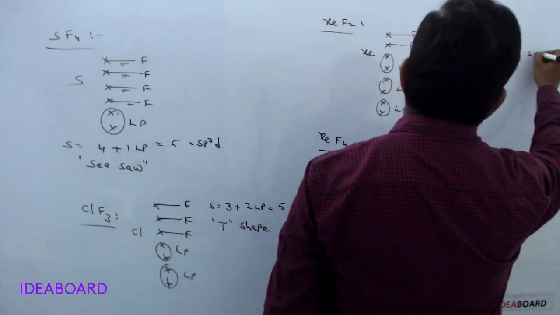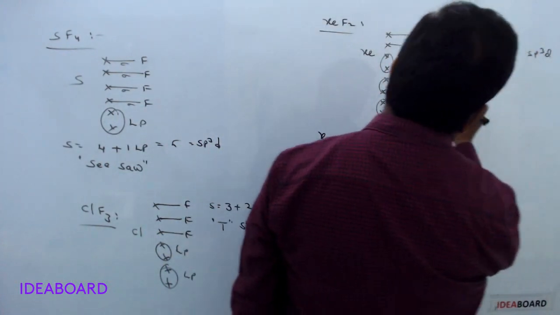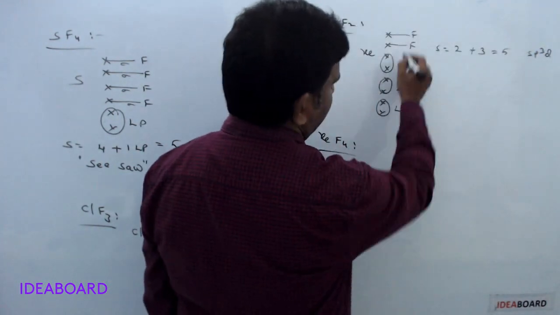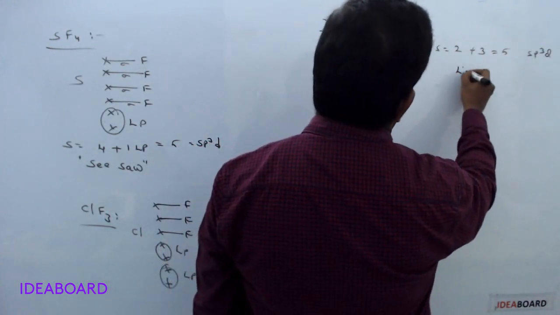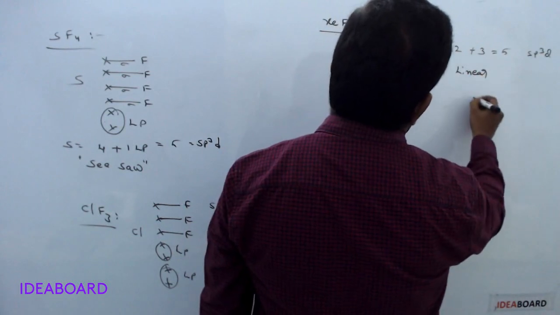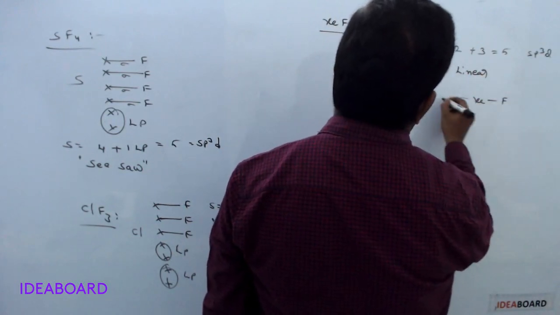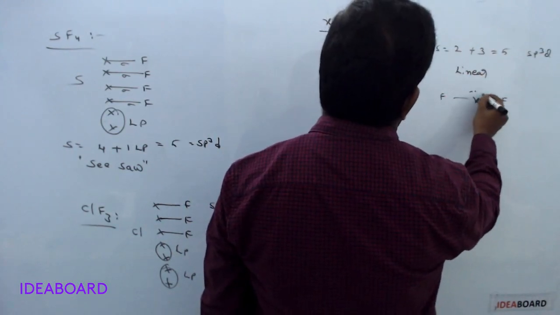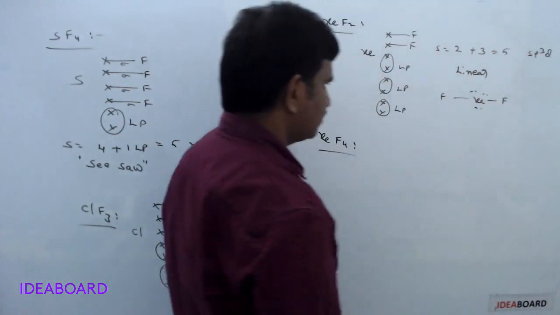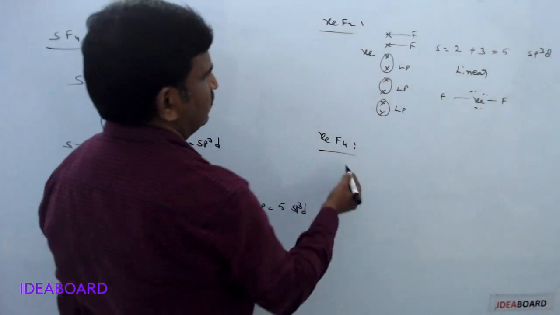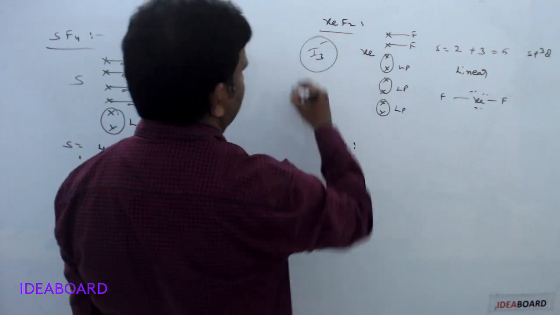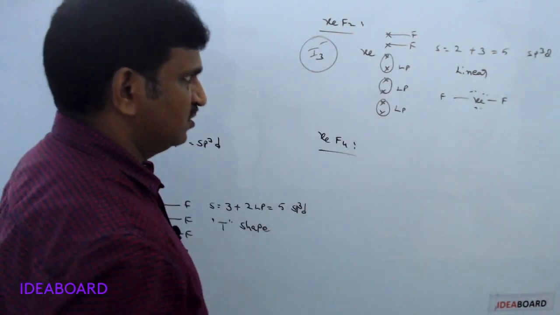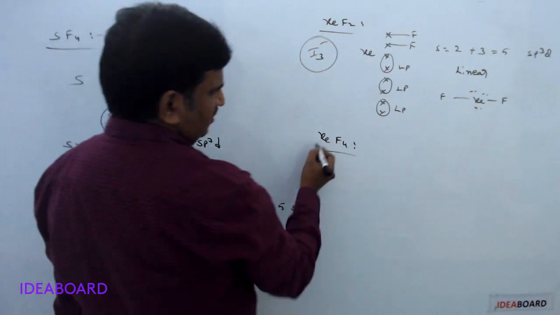So what is the hybridization we are getting? sp3d. But because of 3 lone pairs and 2 bond pairs, it has a linear shape. XeF2 looks like this. It has 3 lone pairs on it. We have the same type of structure for I3 minus also.